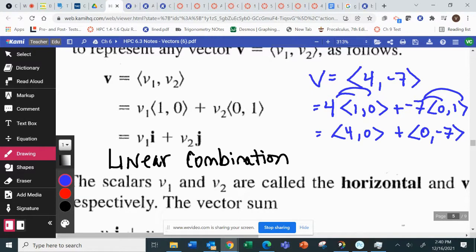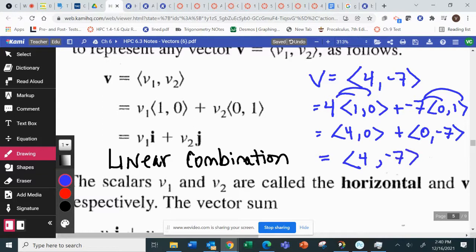It's scalar multiplication. 4 is a scalar on a unit vector. So I'm basically taking that vector and making it longer. Same direction, just longer. Same thing with the -7, only this one I'm switching the direction because it was positive, now I'm going negative. Then when I add these together, remember to add vectors, we add the x components together, so we get 4. And then we add the y components together and we get -7.